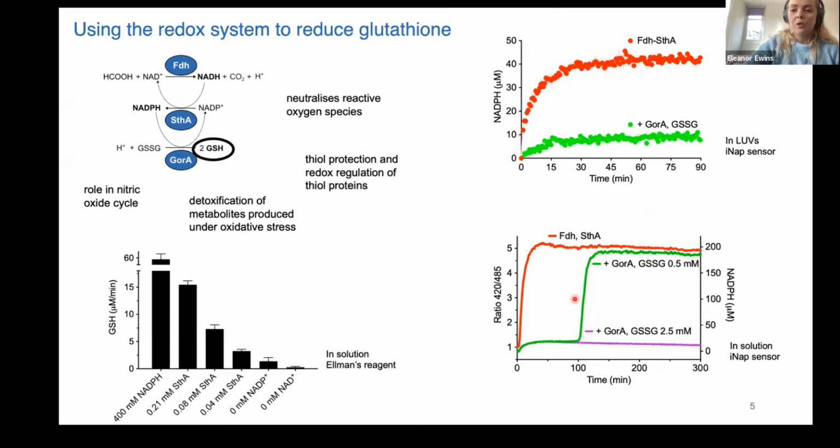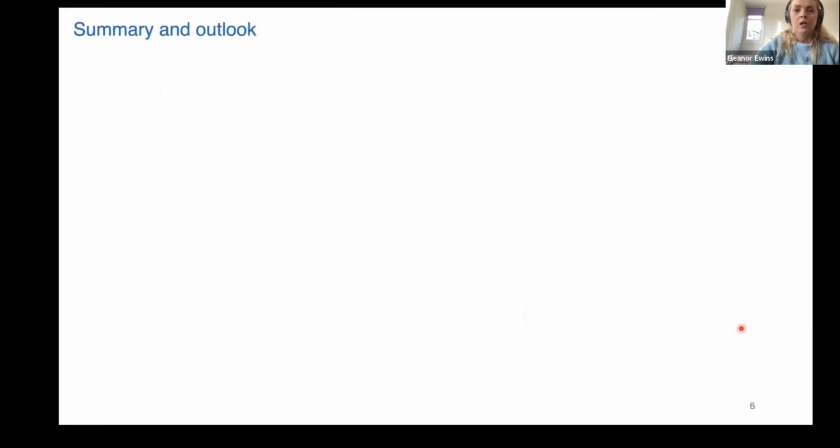But interestingly, there is a threshold concentration here, above which there is such an excess of the glutathione disulfide that the electrons are just constantly shuttled to produce reduced glutathione. And this was performed in solution with the iNAP sensor.